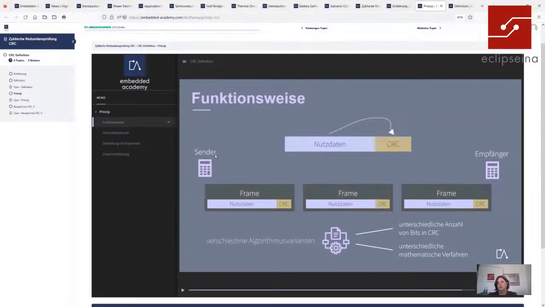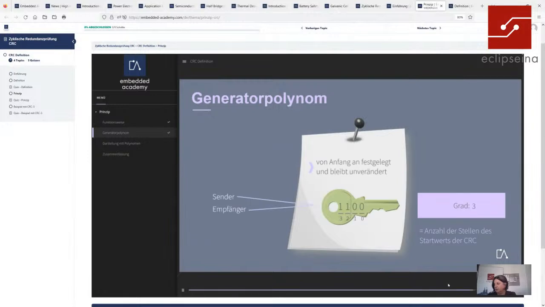So this is one use case. And here then the different parameters I explained, like the generator polynomial. It's kind of a key which is defined, and both sides need it, because otherwise they will not know the calculation method.